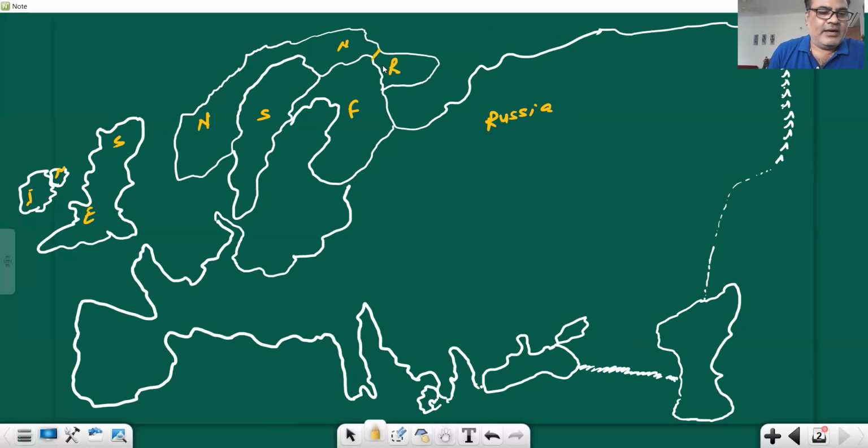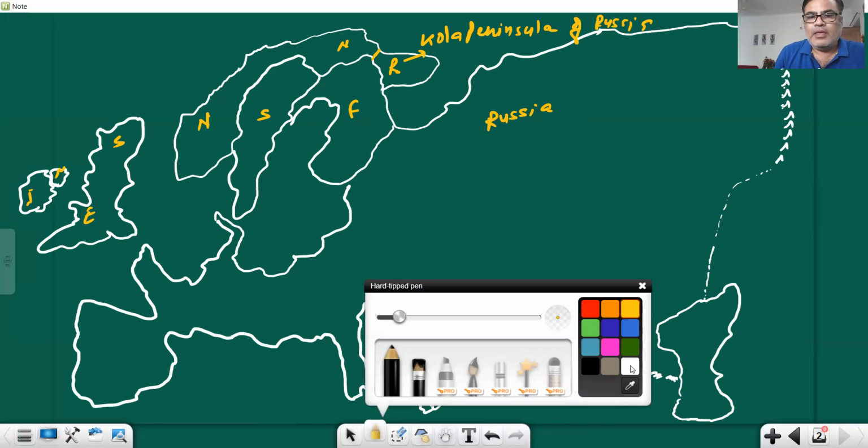This is the Kola Peninsula of Russia. Here a very famous city, Murmansk, is located. I am mentioning it because it is important.